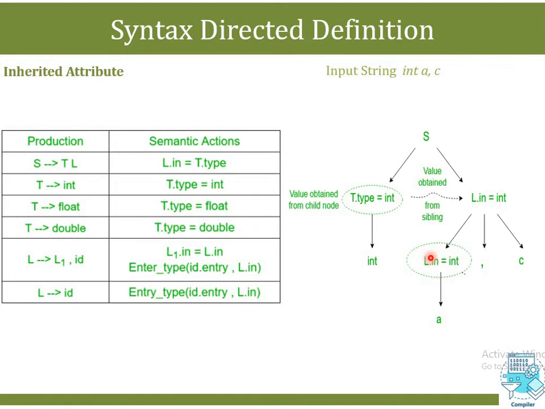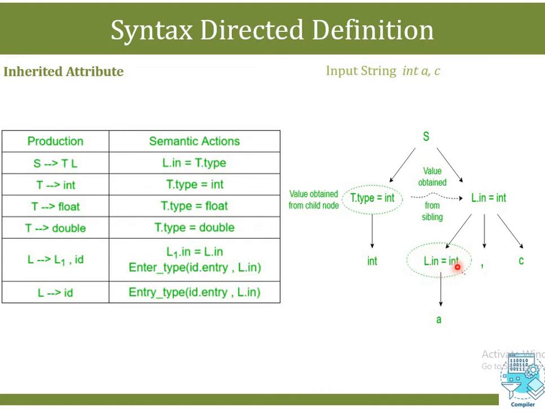Both are actually the same. So L1 dot in will be L dot in. Whatever the parent node attribute has, the same value will be in the child node attribute. So L1 dot in equal to int.